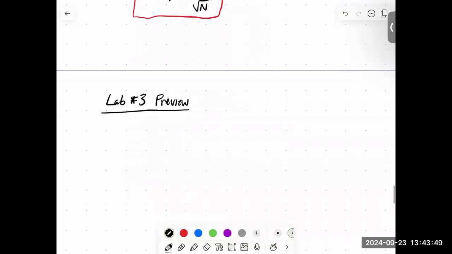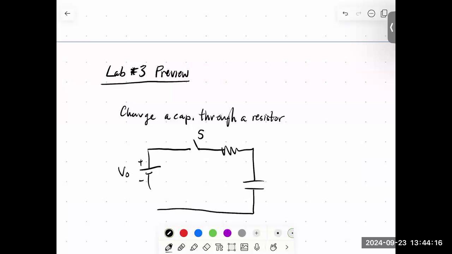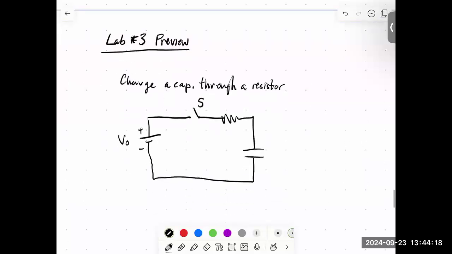Remember, if we had to charge a capacitor through a resistor, we would have something like this: some DC voltage, like a battery, maybe a switch, then our resistor, and then our capacitor. And maybe we're going to measure the voltage across this capacitor.